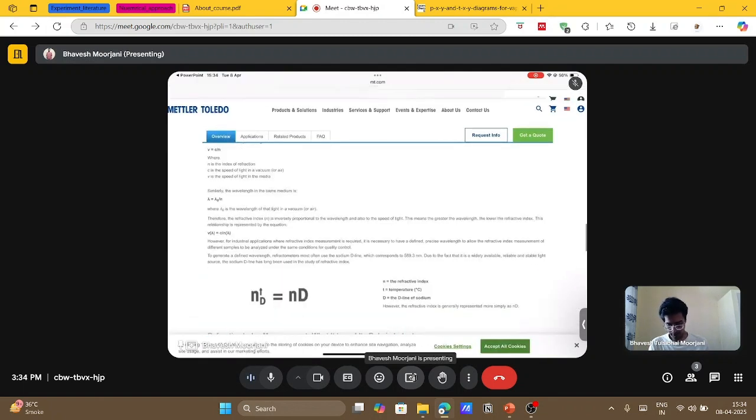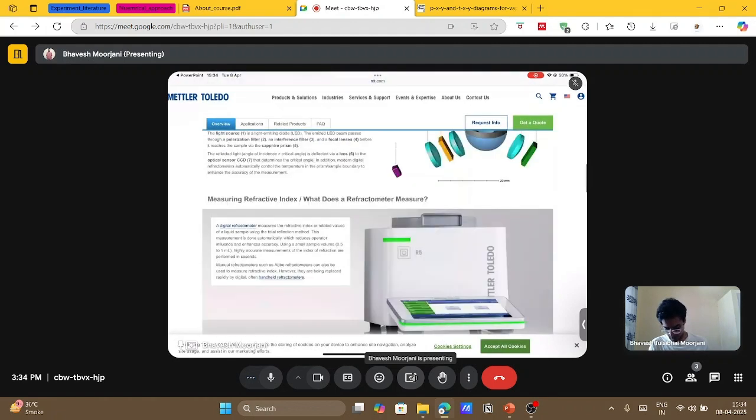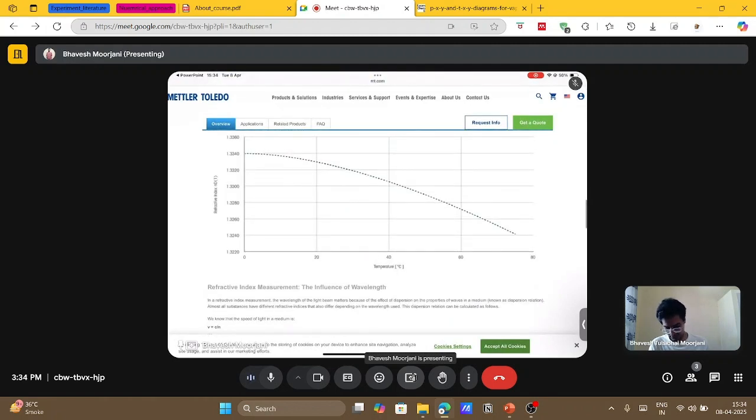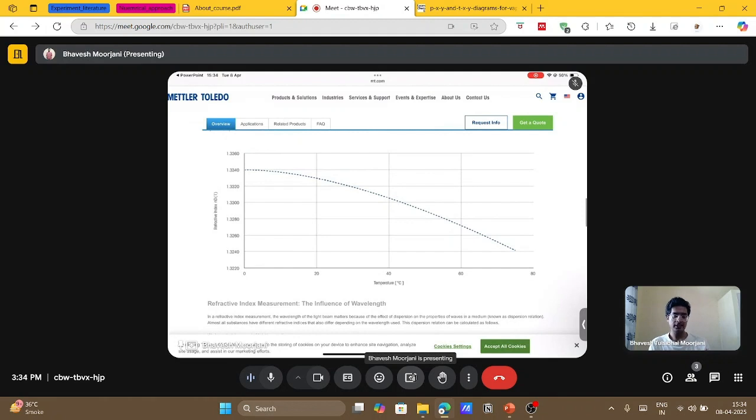Now for a given sample, if I have a pure component, its refractive index will be something else. If we change the component, instead of pure water, we have a mixture of water and castor oil at some composition, then its refractive index will be different. So we collect all this data, and then we calibrate based on the refractive index value.